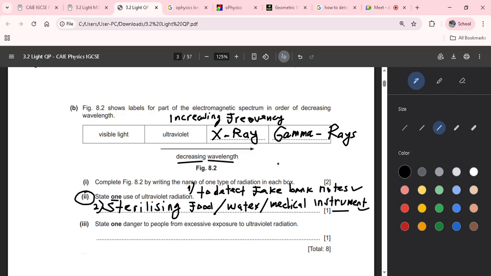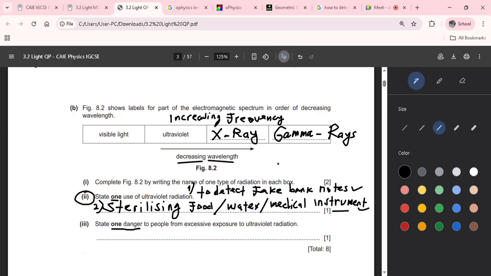State one danger to people from excessive exposure to ultraviolet radiation. If we get excessive exposure, we will also get danger. So what is the danger?